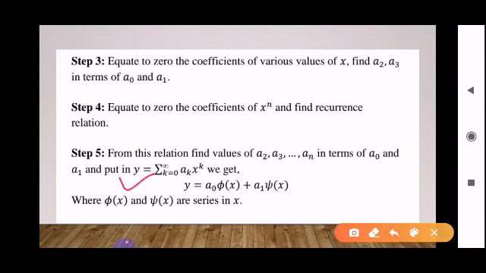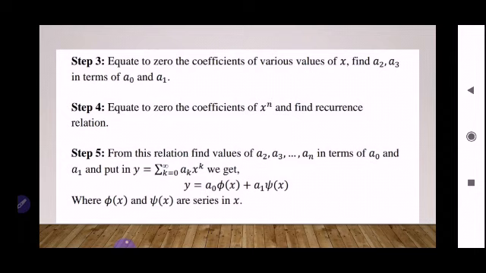So we will get the final solution in this form, that is y is equal to, means we can take a0 and a1 common, and the coefficient of a0 and a1 will be a function of x. Suppose the coefficient of a0 is a function of x, that is say phi of x, and the coefficient of a1 is a function of x, say psi of x, where phi of x and psi of x are series in x. So the final solution will be in the form y is equal to a0 phi of x plus a1 psi of x. So this is the required solution of the given linear differential equation with variable coefficients.